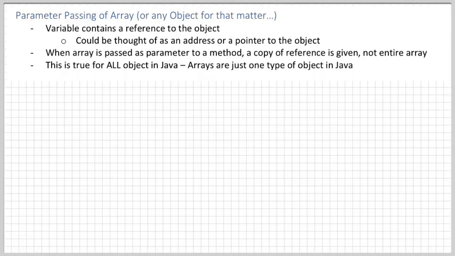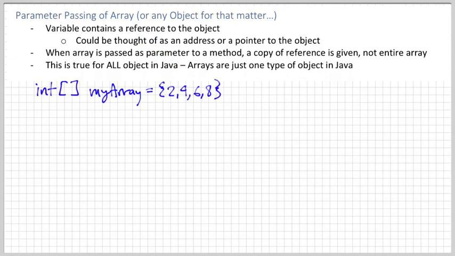That could be expensive and costly. And so it's actually true for all objects in Java. When an object is passed as a parameter to another function or method, we merely pass a reference to that object, not the entire object itself.